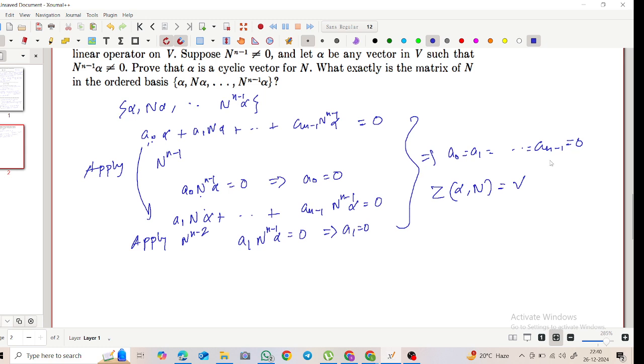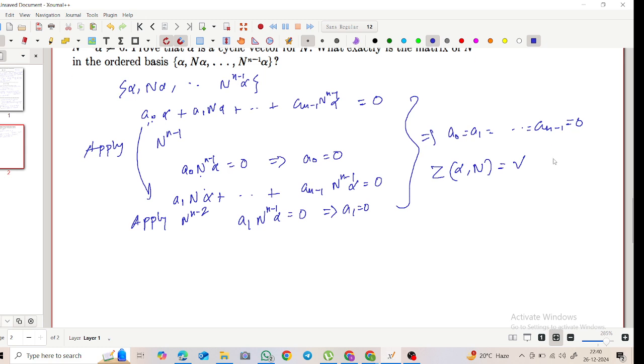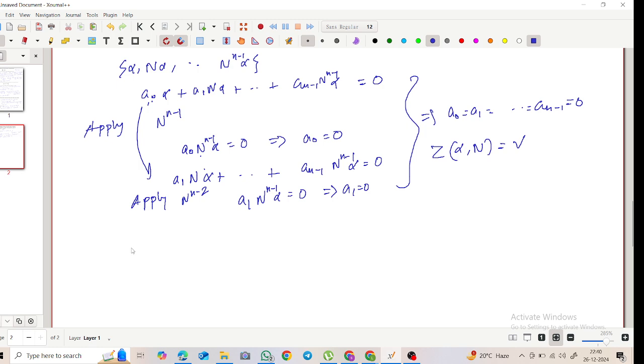Okay, and what is the matrix of N with respect to this basis? We know that N alpha is 0 into alpha plus 1 into N alpha, N square alpha is 0 into alpha plus 0 into N alpha plus 1 into N square alpha. So this way you will get a matrix like this, right?